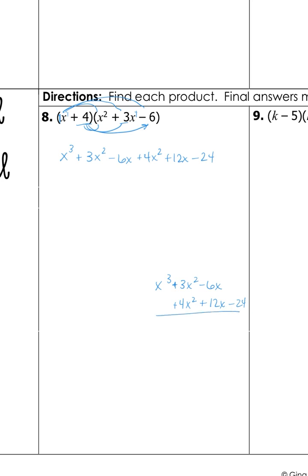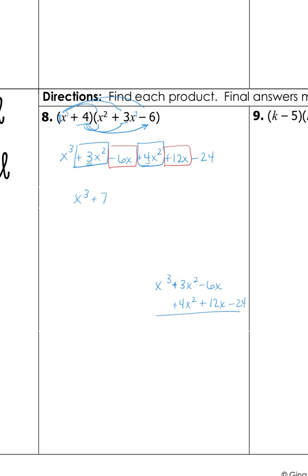Okay? So up here at the top, I don't have any more x to the thirds. But I have 3x squared and 4x squared. And then I have negative 6x and positive 12x. So 3x squared plus 4x squared. So now I'm just doing 3 plus 4.